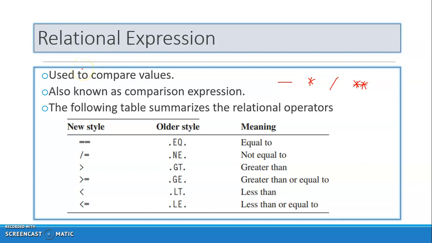So in programming, this is also very important, that you should be able to do some comparisons. So that category of comparisons, we call them relational expressions, and they require relational operators for them to be evaluated.